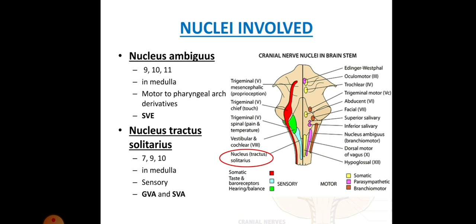So it receives afferents carrying general sensation and special sensation, that is general visceral afferent and special visceral afferent. So for the ninth nerve, we have fibers carrying taste sensation and general sensation from the posterior one third of the tongue.